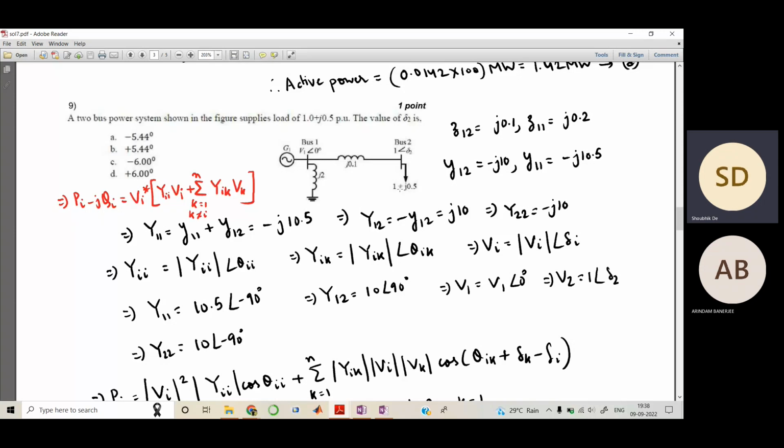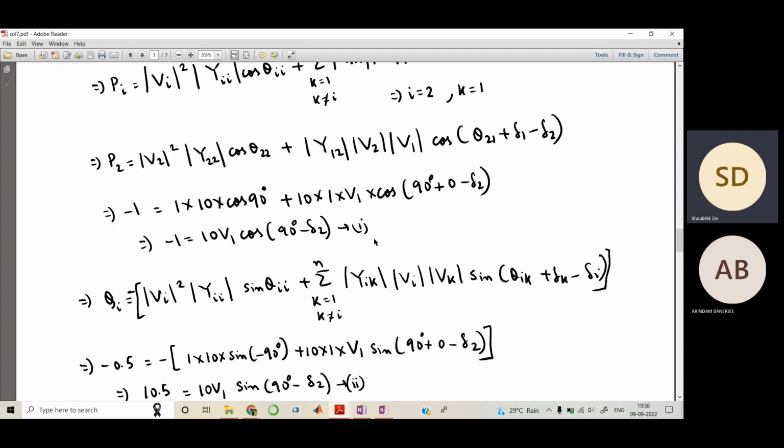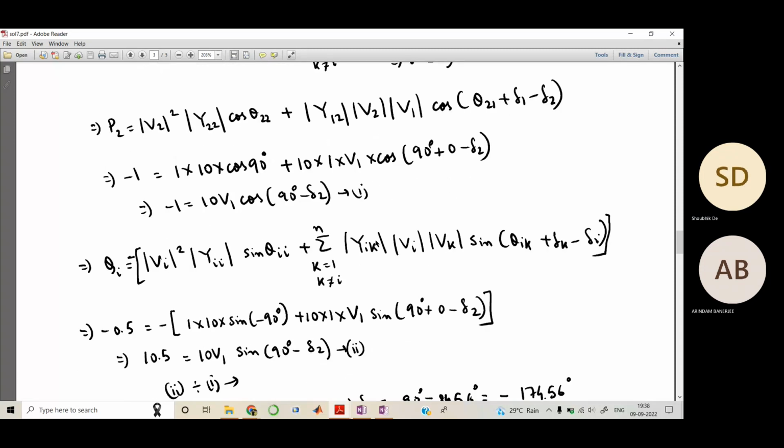So that is why this minus sign is here. Since this is a load bus, the reactive power or the apparent power is negative. Simple. Hence this becomes your equation number 1.